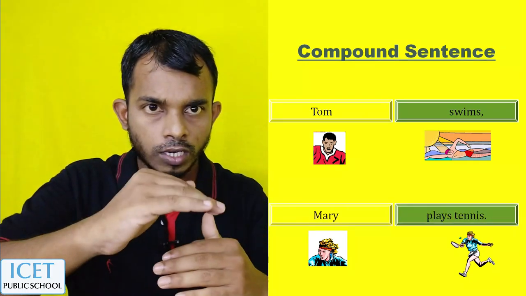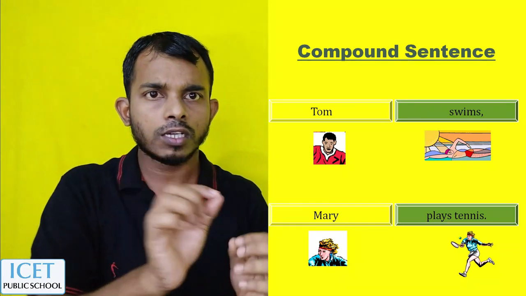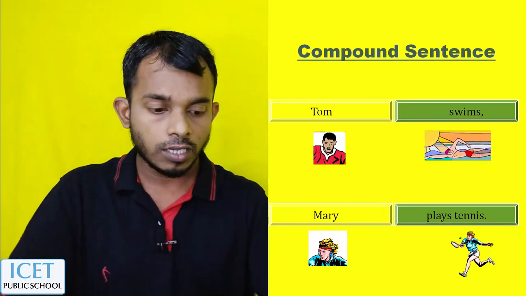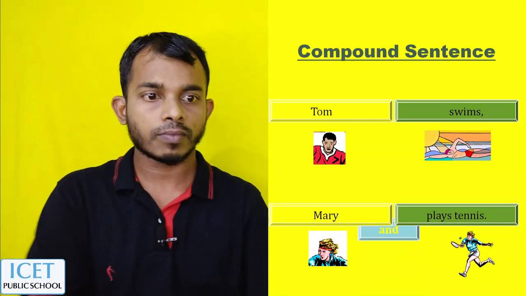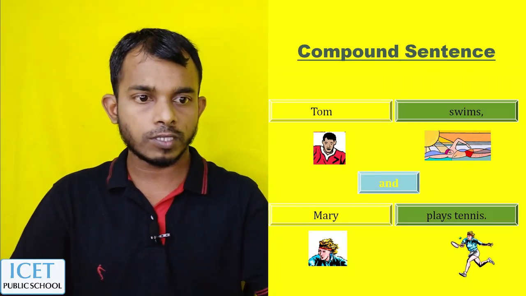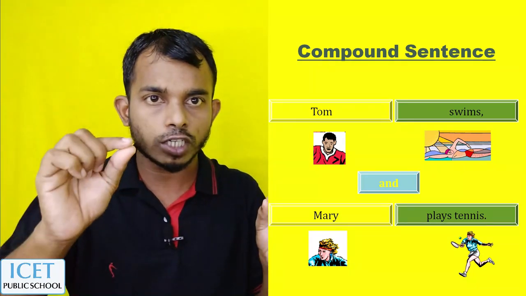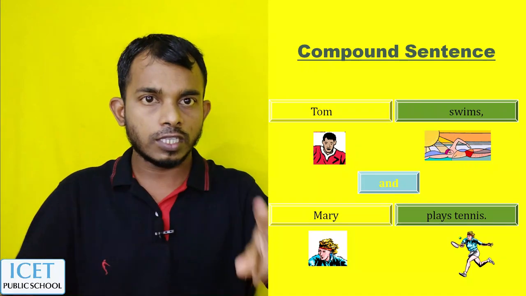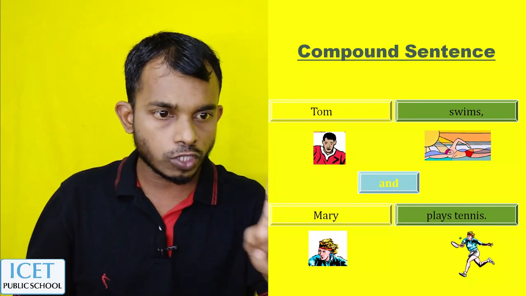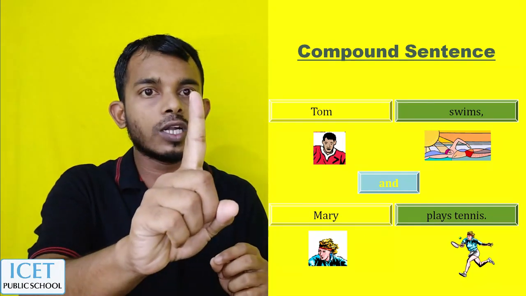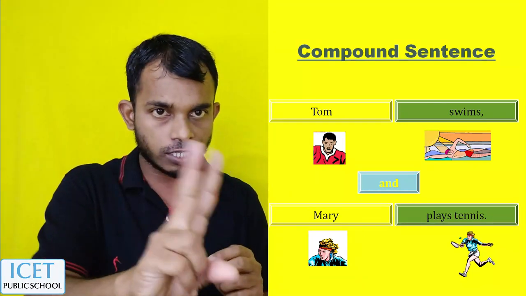Now what do we want? We want to use a compound or coordinating conjunction, so we also need "and": Tom swims and Mary plays tennis. Now the sentence became what? A compound sentence. See, this is one sentence, okay? Tom swims and Mary plays tennis is one sentence, not two sentences.